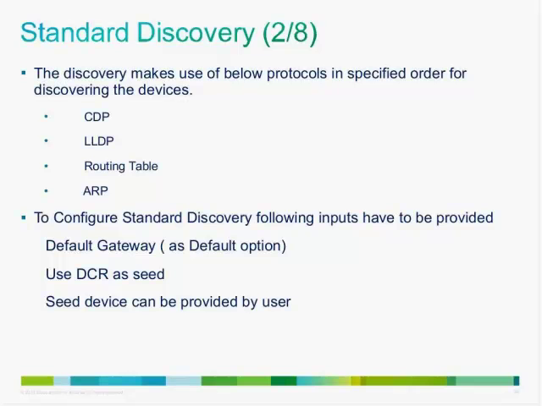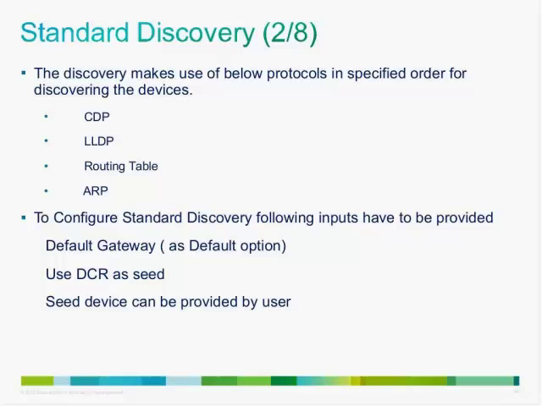We need to use DCR as the seed device, and seed devices can be provided by the user. The seed device is the first device which is contacted by CiscoWorks. After a fresh installation, when we don't expect CiscoWorks to have any device information in its database, it is always good to give our core devices. We can add multiple seed devices.